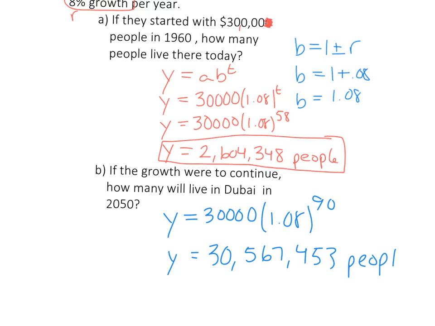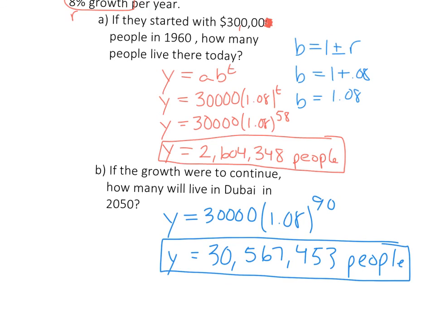Which, if the growth were to continue, would make Dubai one of the most populous cities in the world. I think Mexico City is around 35 million people, which is just insane. For a city that was only built in 1960, if that growth continues, that would be astronomical. That would be a very, very large city at 30 million people, but that's how you solve it.